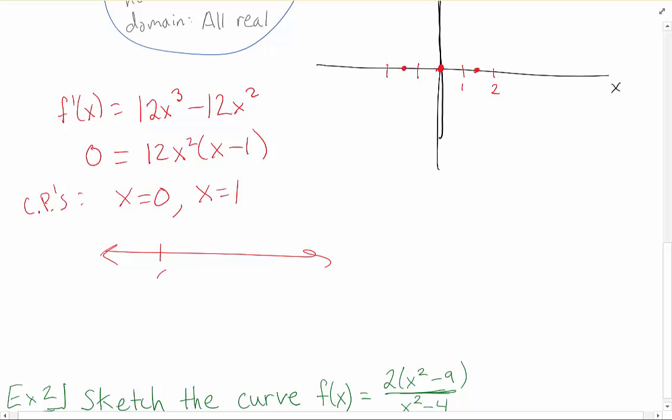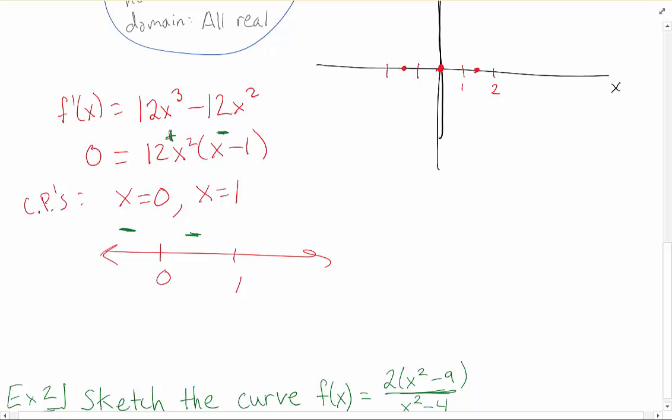When I put those on a number line, 0, 1, less than 0, like a negative number, that'll be positive, and then positive, and then negative, so that's negative. In between 0 and 1, like 0.5, positive, still negative.